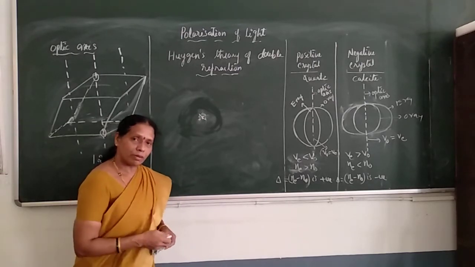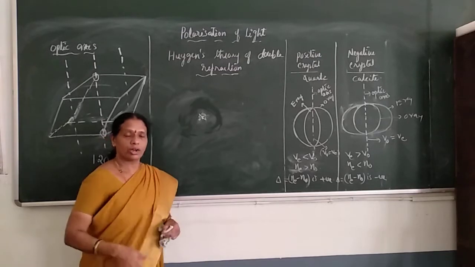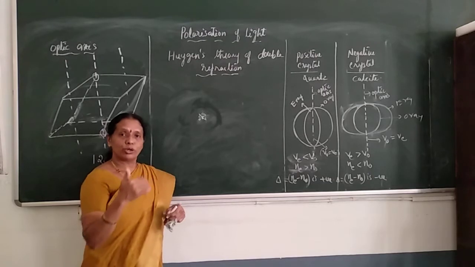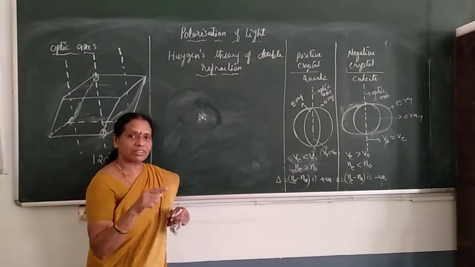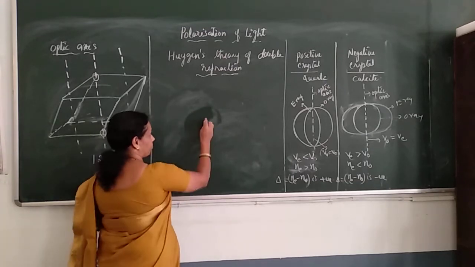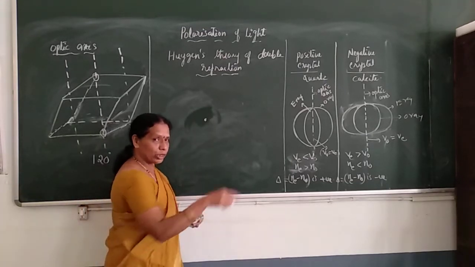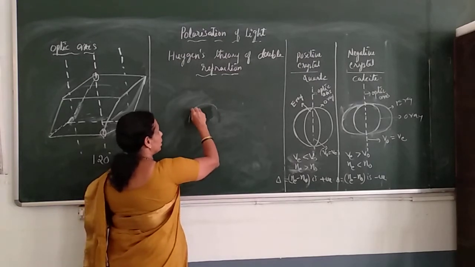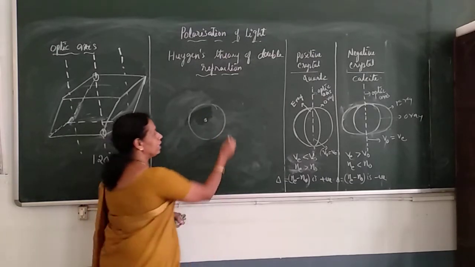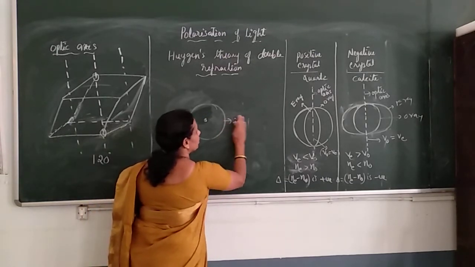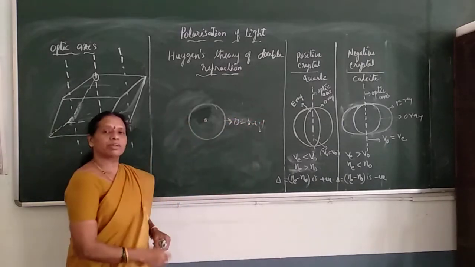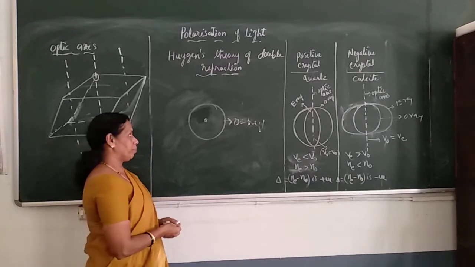And it is observed experimentally that out of those two rays, one ray travels at the same speed in all directions, and we call that ray the O ray. So the wavefront of the O ray should be spherical in shape. The O ray is represented by the spherical wavefront.